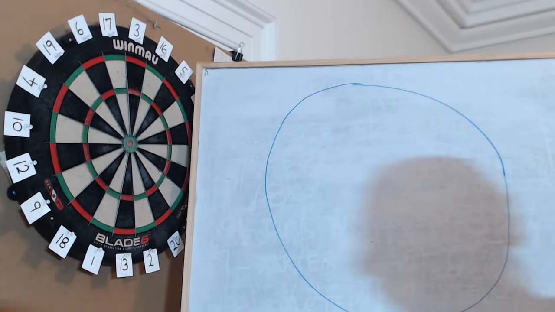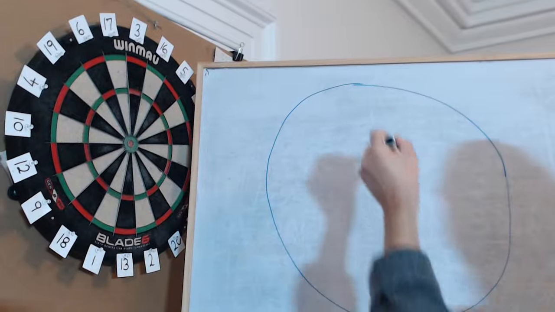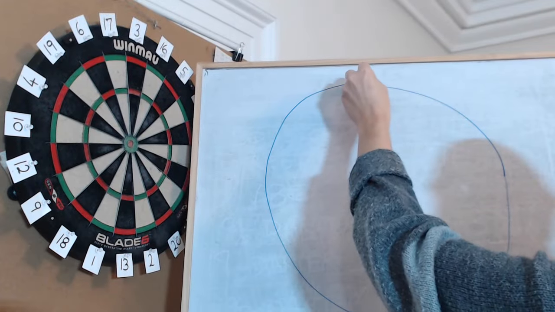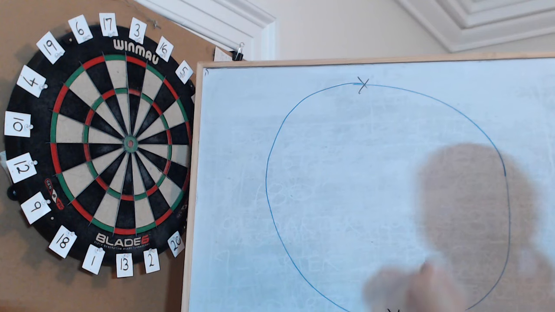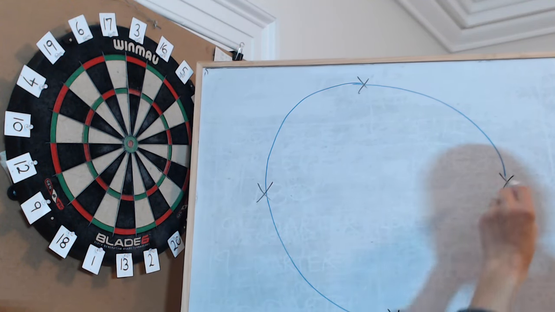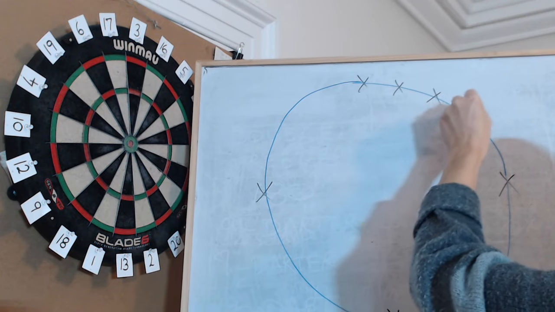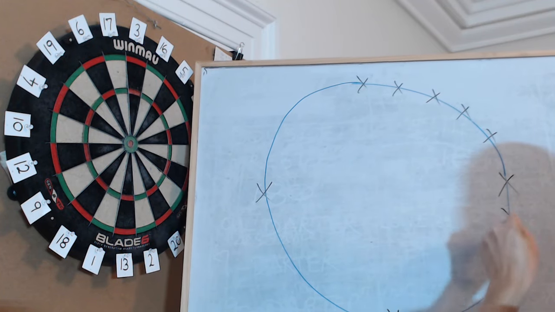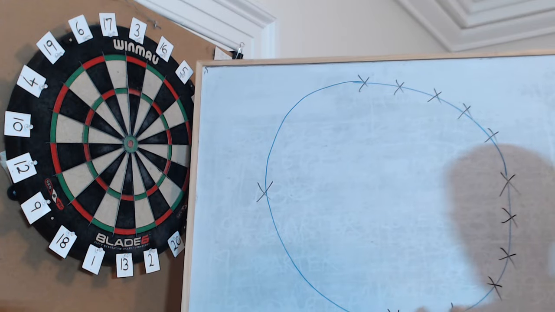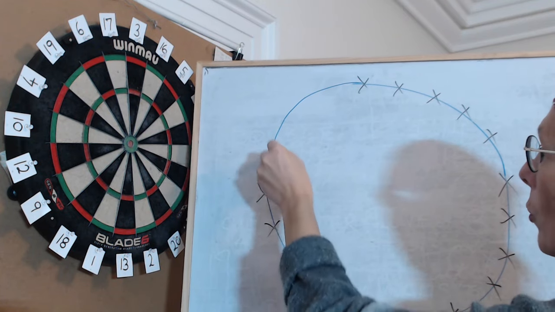So there's roughly a circle, and then we have 20 positions for numbers on this circle. So here's 1 and its opposite number. On a normal dartboard that's 20 and 3, this is 6 and 11, and then we have 4 spots here in between. 4 spots here, 4 spots here, and 4 spots here.